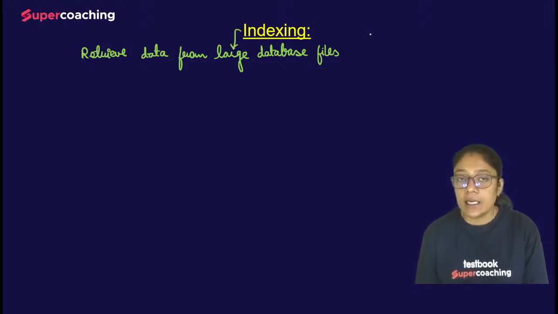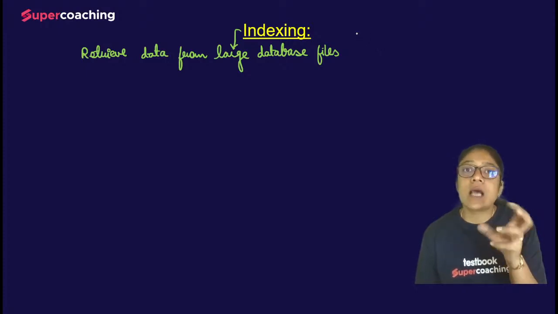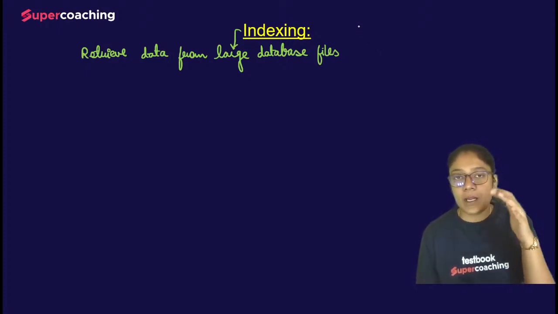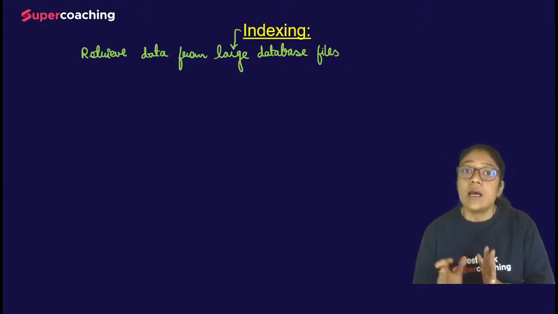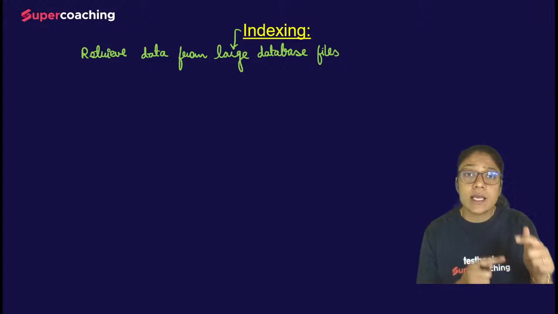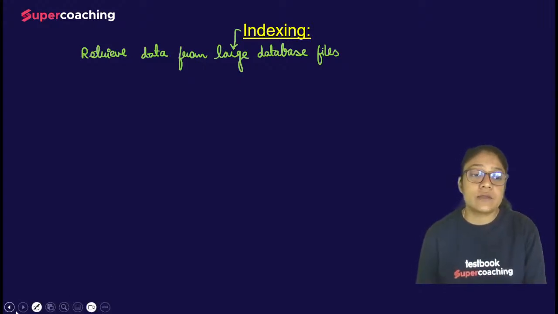In the index, where is the index stored? On the pages of the book. The page size is the same for the index file and for the main file. For the database file, the block size or the page size of the index file and database file is the same.